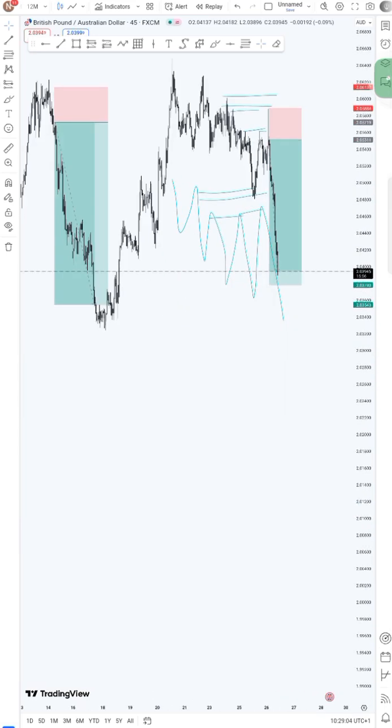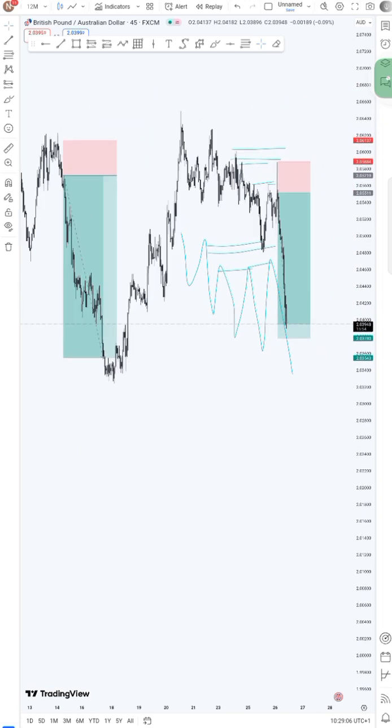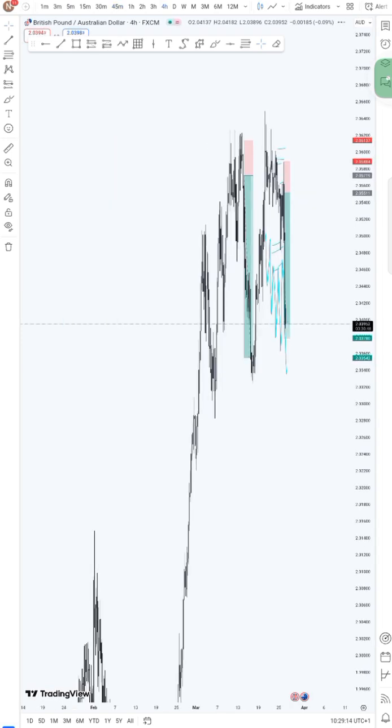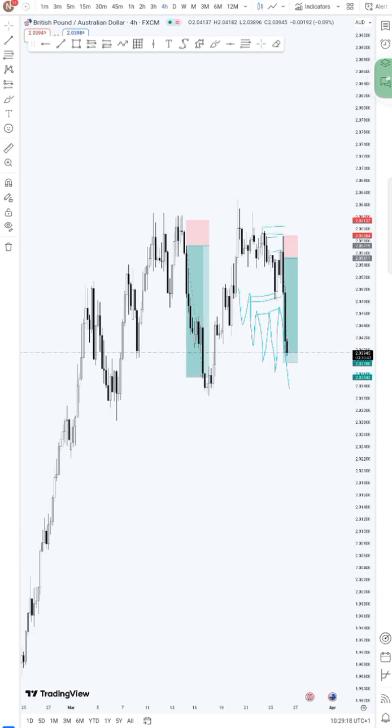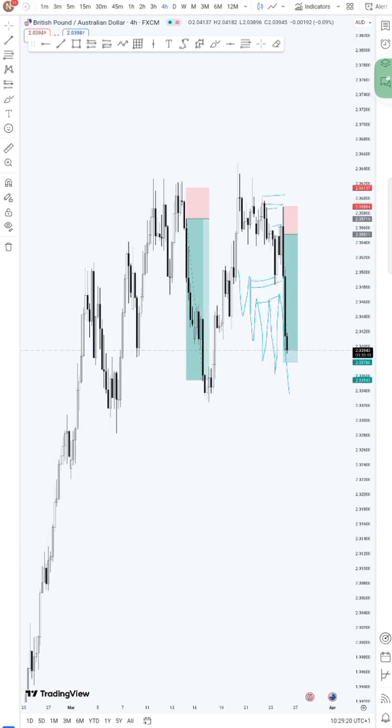Structure wise now, if we go to a higher time frame to analyze more, this is 45 minutes, let's go to 4 hours and see what structure we are talking about. So here now you can see that we had our type 3 structure.